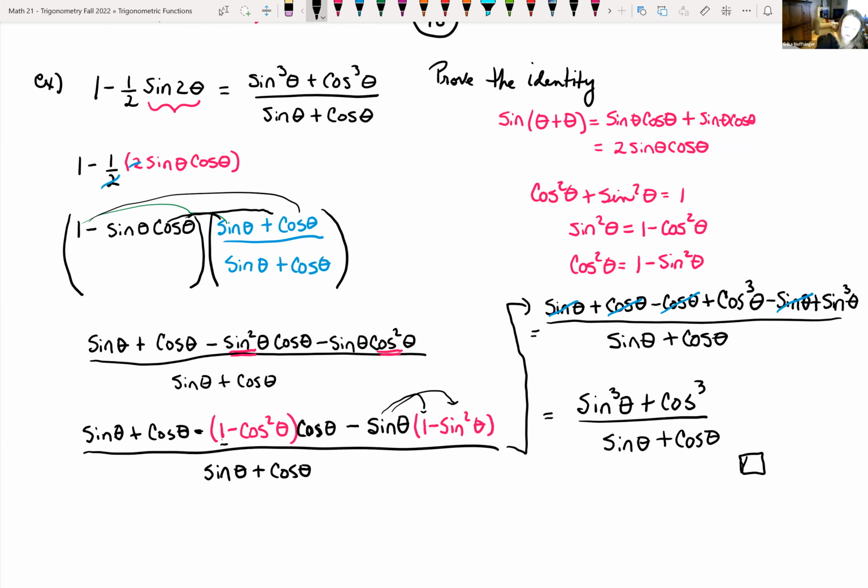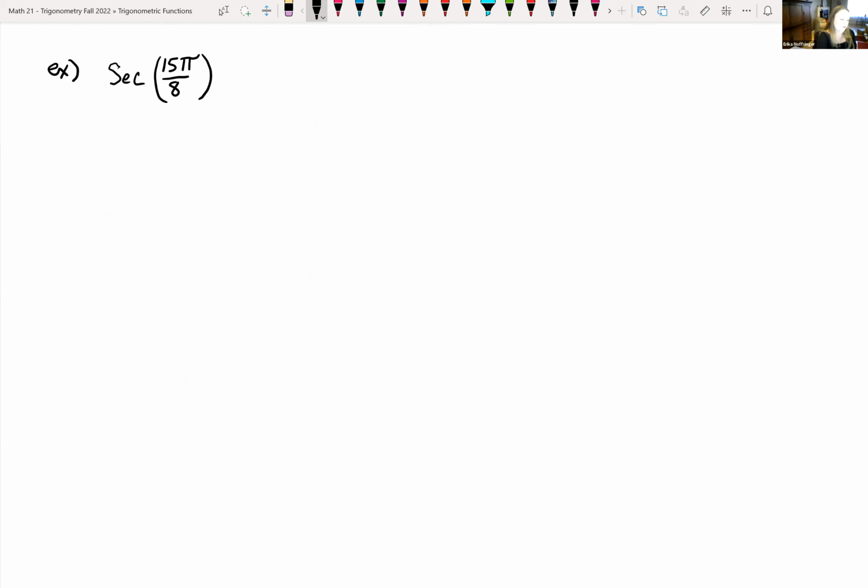So we showed what we wanted to do. Working on the left-hand side, we got our right-hand side of the equation.